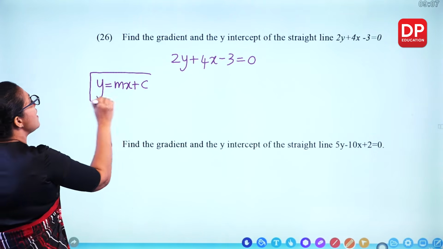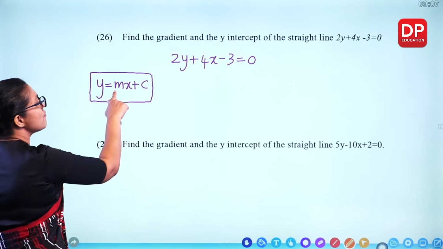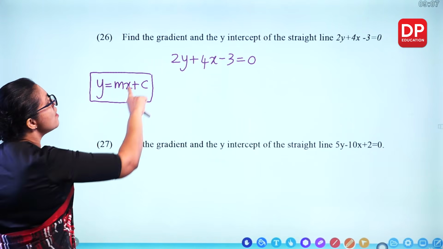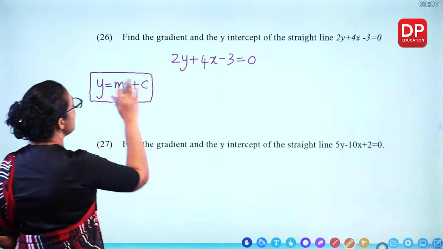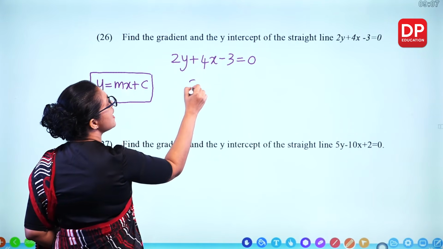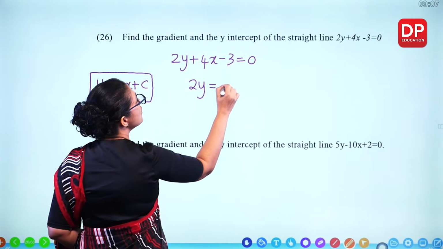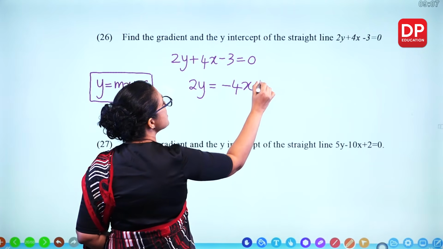So only if you have this format, you can identify the gradient and the y-intercept. So we will rearrange this equation. So what we have to do, keep y in one side and take all terms to the other side. 2y equals, take 4x to the other side, minus 4x. Minus 3 when you take it to the other side, plus 3.